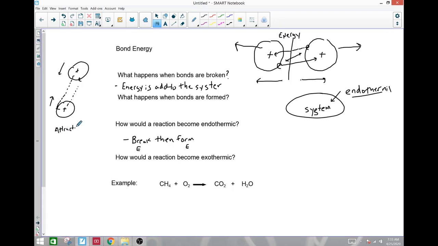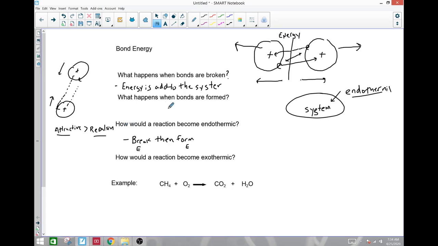As it's forming, the attractive forces are greater than the repulsive forces, which are the two negatives repelling and also the two positives repelling. So any repulsive forces are smaller than the attractive forces. When your attractive forces outweigh your repulsive forces, do you have to do anything? No, you just sit there and watch it happen, like two magnets just sticking together.